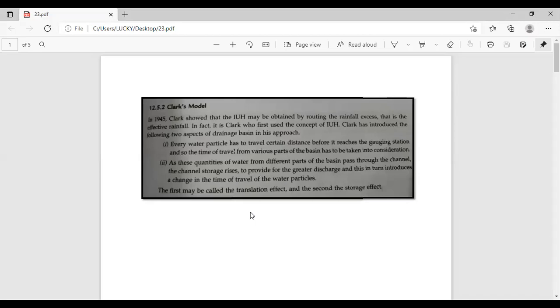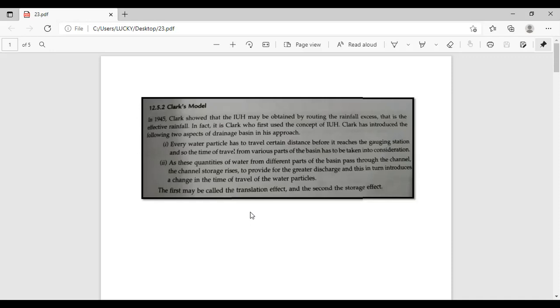In 1945, Clark showed that the instantaneous unit hydrograph may be obtained by routing the rainfall excess, that is the effective rainfall. In fact, it is Clark who first used the concept of instantaneous unit hydrograph.